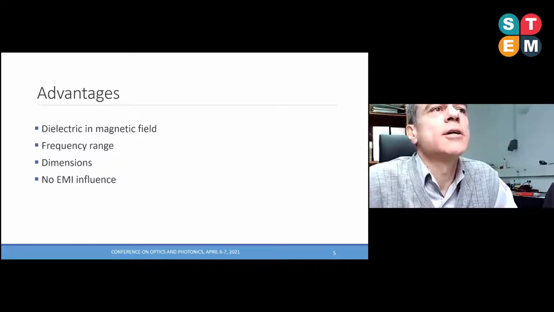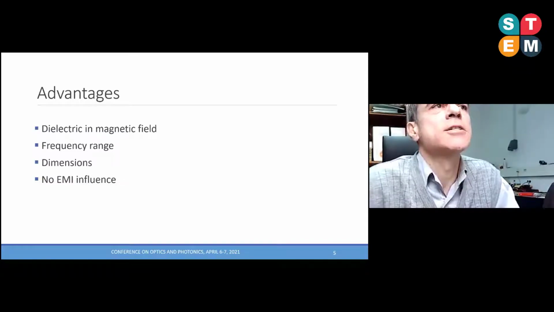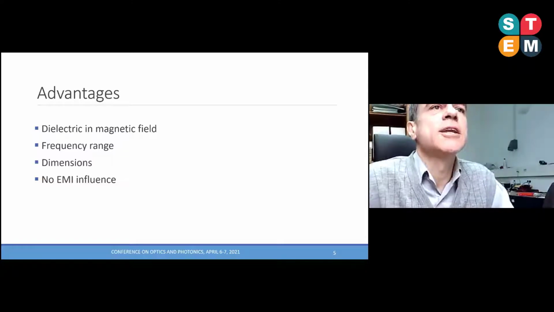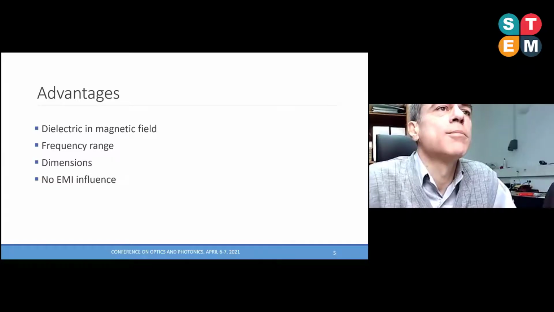Another good thing is the frequency range. The time response of the Faraday effect is in nanoseconds. So you basically have a frequency range that is limited by the optoelectronic block frequency range. Also, the measurement head can be small in dimensions, and you will see today that spatial resolution is already very good and can be further improved.